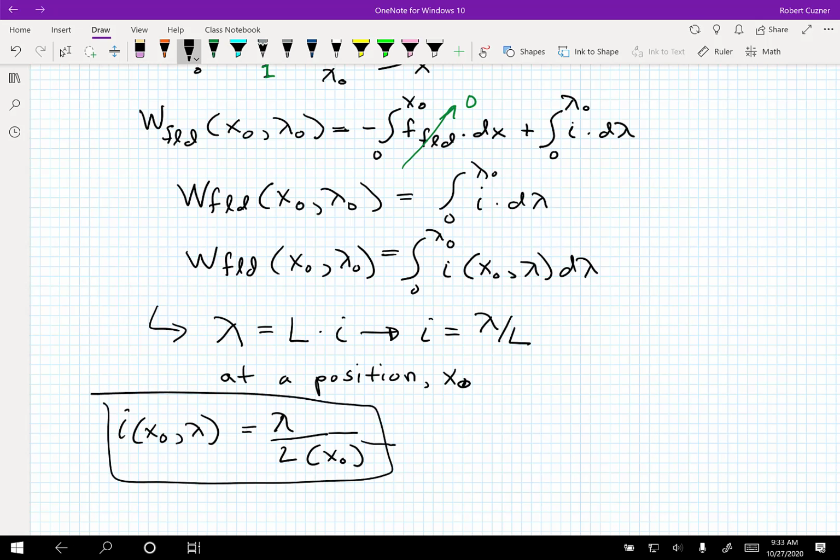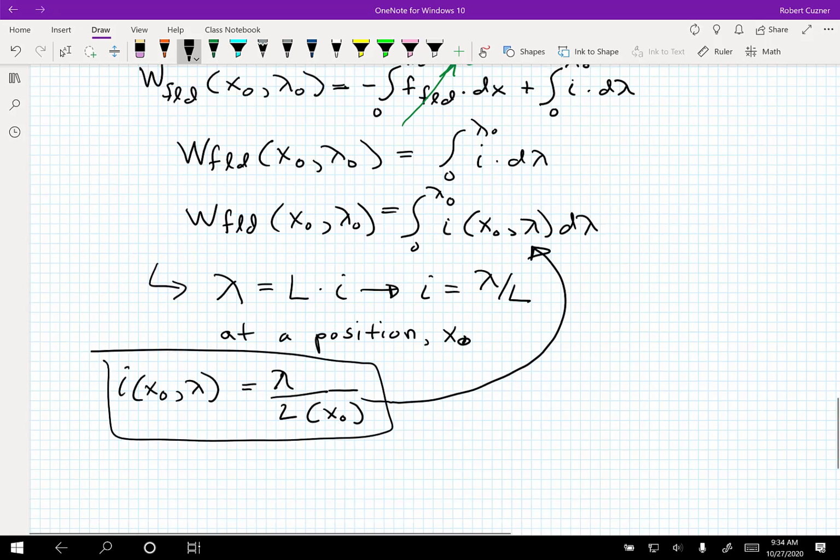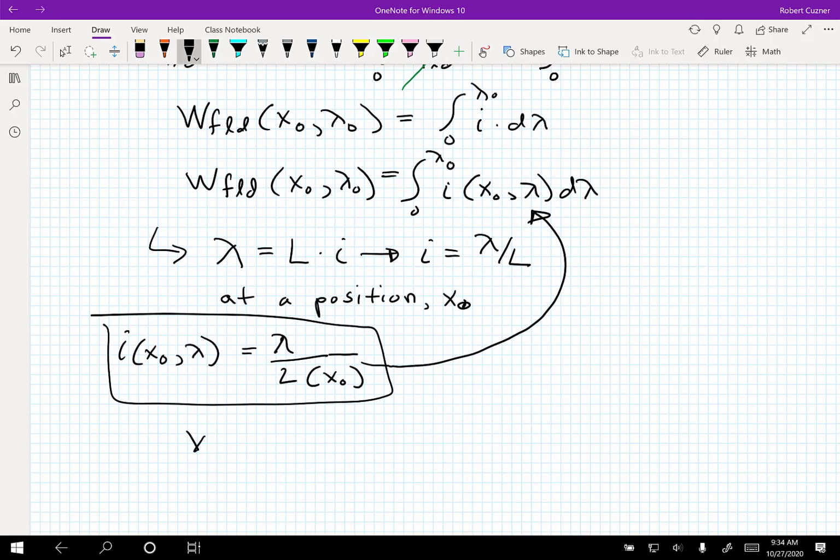And now we're going to plug this into this equation here. Now we have something that we can integrate and get something meaningful out of it.